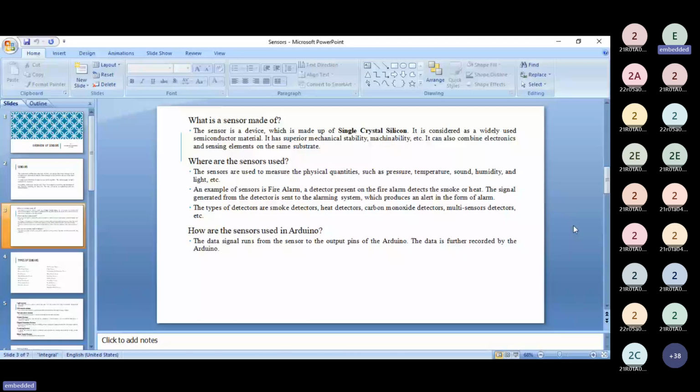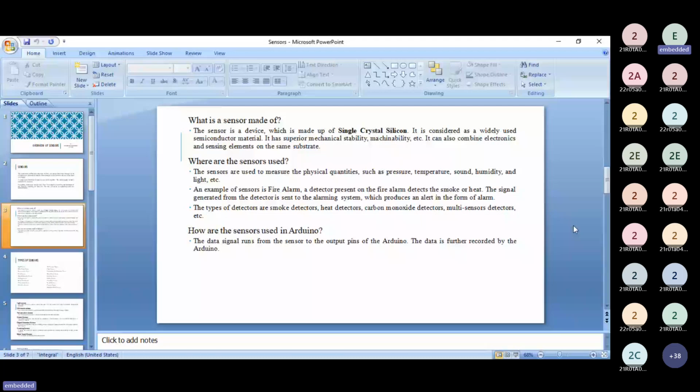It has superior mechanical stability, machinability, etc. It can also combine electronics and sensing elements on the same substrate. The sensors can be used to measure physical quantities such as pressure, temperature, sound, humidity, and light.